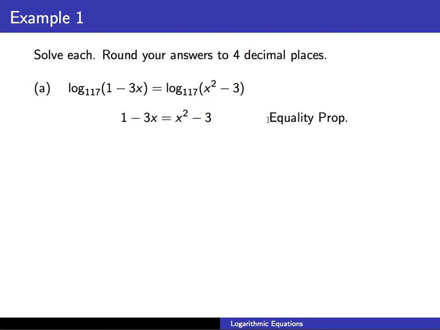So we have a quadratic equation that we need to get equal to 0. Bringing over the 3x by adding it, and subtracting 1 from both sides, we get x squared plus 3x, and then negative 3 minus 1 is negative 4. So we have x squared plus 3x minus 4 equals 0. When we solve this, we get x equals negative 4 and x equals 1.